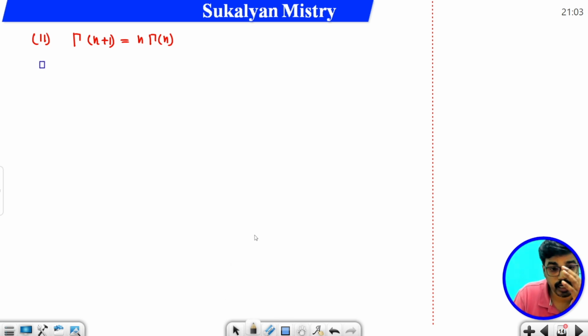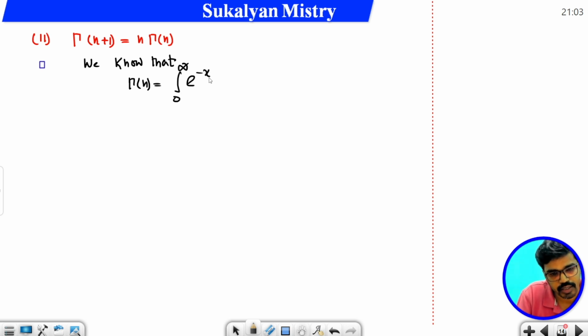We know that gamma n is equal to the integration from 0 to infinity of e to the power minus x times x to the power n minus 1 dx. We have to calculate gamma n plus 1, right?